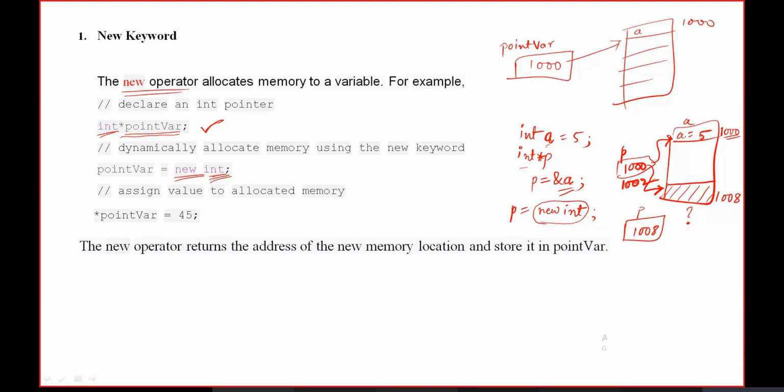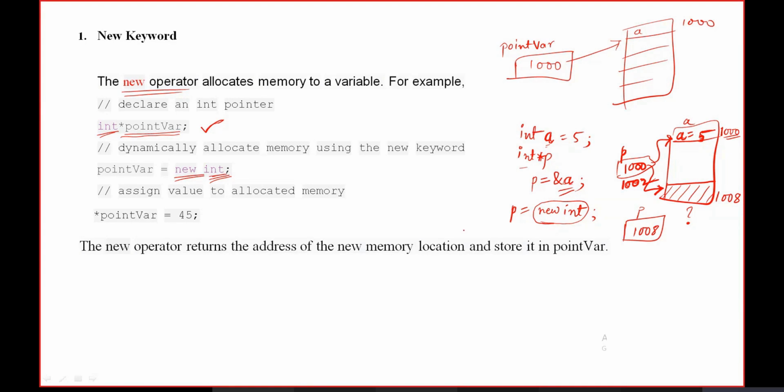Now this memory location, which we named as a, had some value, that is 5. Now, the memory location that I have created dynamically with the new operator, I want some value to be stored at that memory location. So how do I do that?